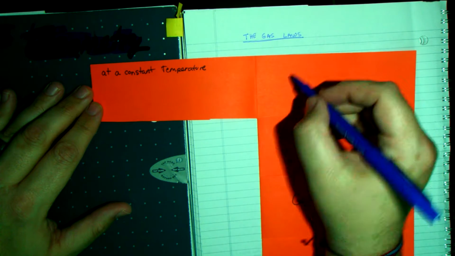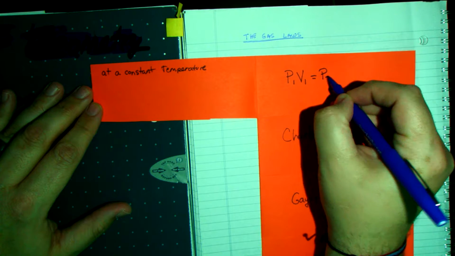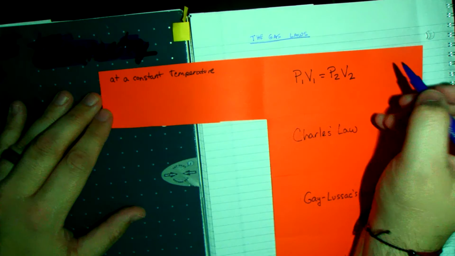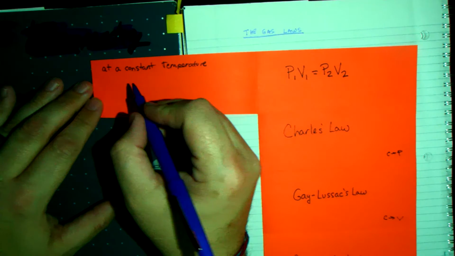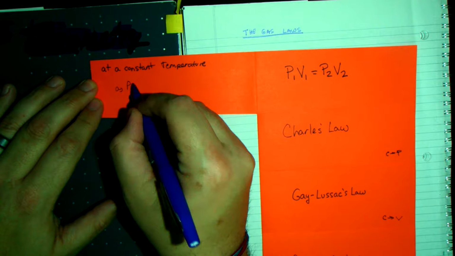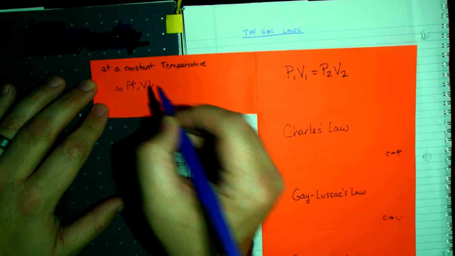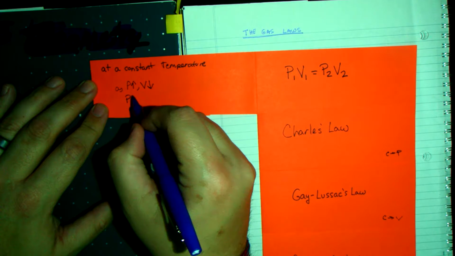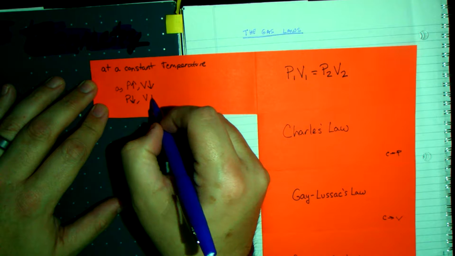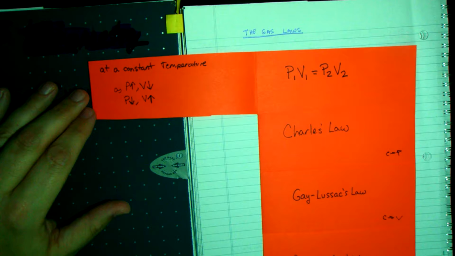P1 V1 is equal to P2 V2. That's the law. But over here, we can also put that as pressure increases, volume is going to decrease. But also as pressure decreases, volume is going to do what? Increase. So as one increases, the other decreases.